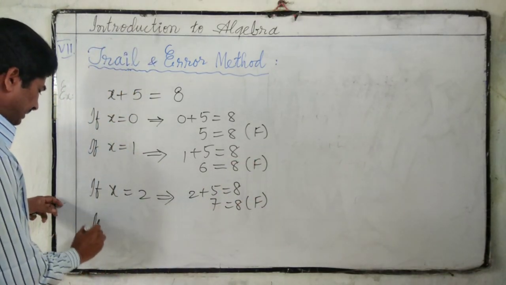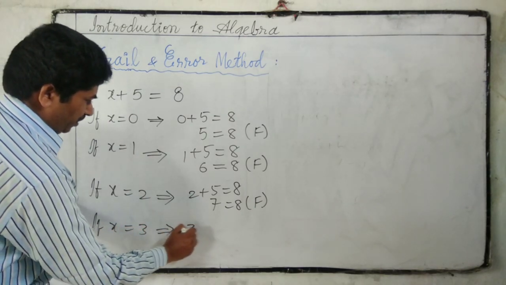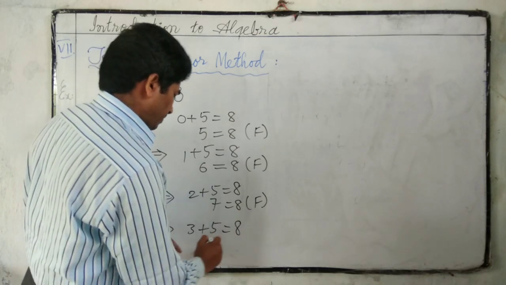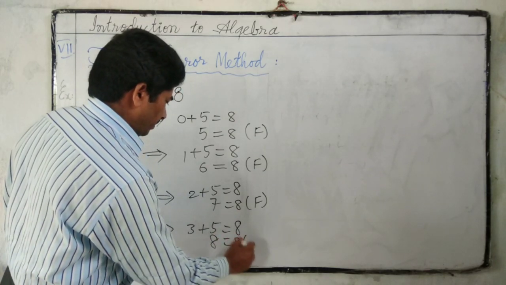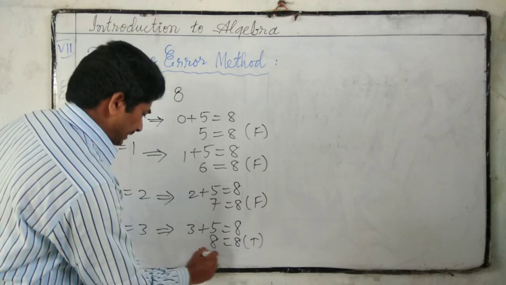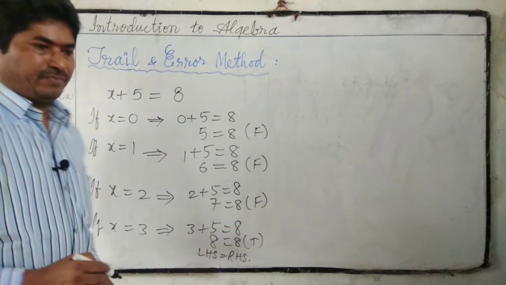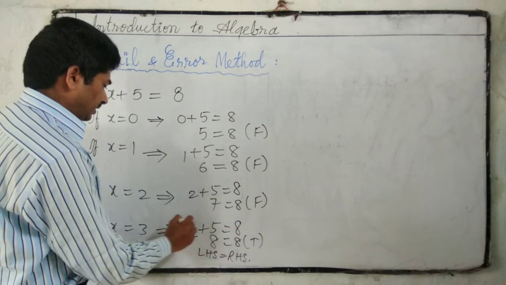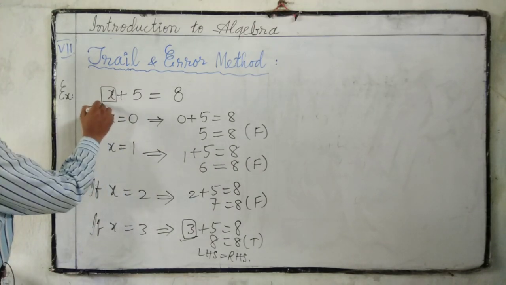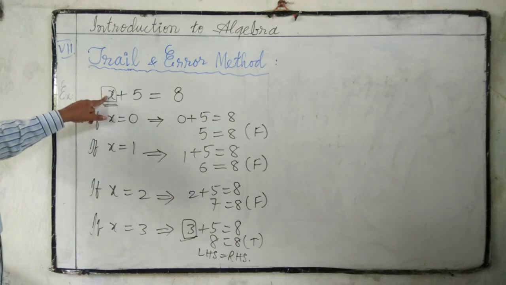If x is equal to 3, then 3 plus 5 is equal to 8. 8 is equal to 8. This is true. So LHS is equal to RHS. So 3 satisfies this equation in the place of the variable.